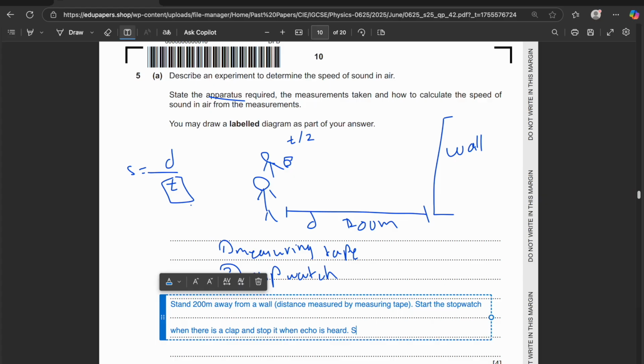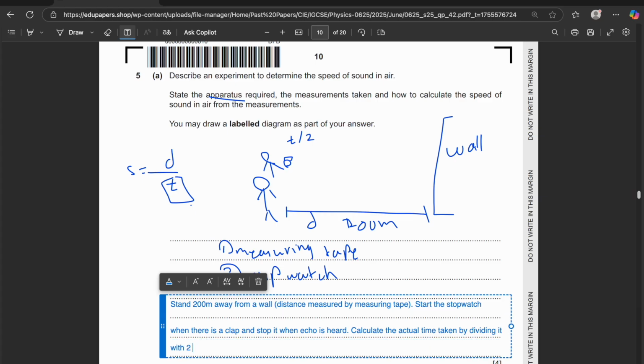Then calculate the actual time taken by dividing it with 2 and substitute into the equation. Speed is equal to distance divided by time.